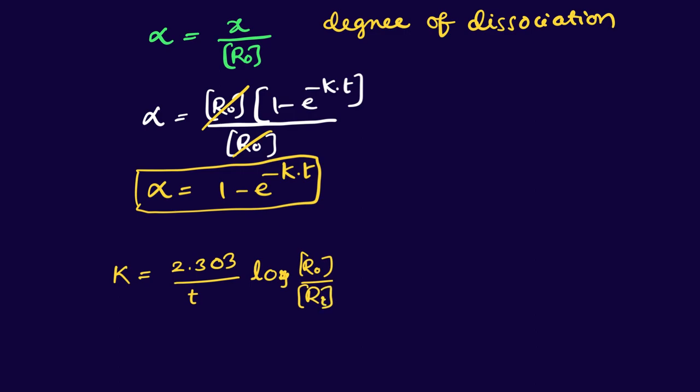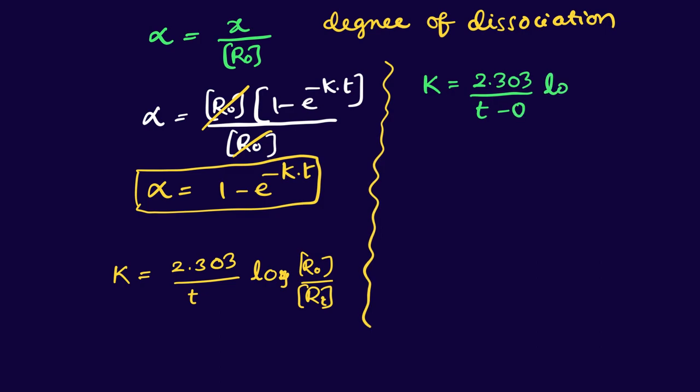This is actually represented in another form: k is equal to 2.303 by final time minus initial time, log of the concentration at final time, that is R at t time, and at initial zero time, R naught.